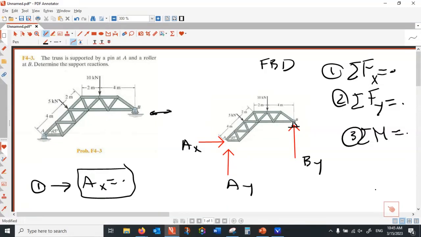So if I choose that center of rotation with respect to A, that is very straightforward. And all I have to do is find the shortest distance between this force and the center of rotation, which is A. So in other words, I have to draw a normal from here to there. Can you tell me how much that normal is?